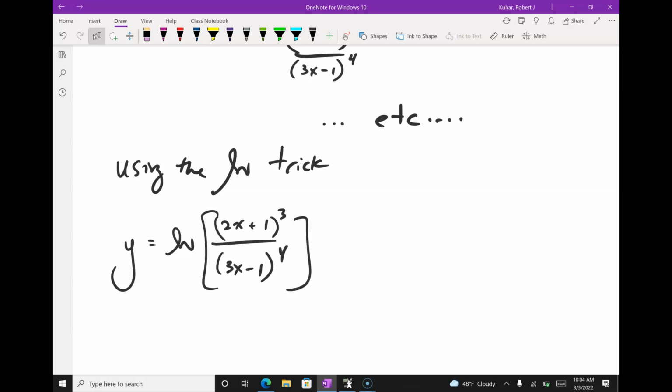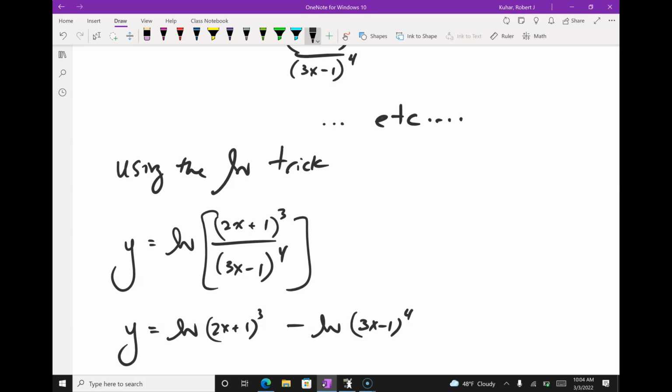And that is the ln of a quotient is the difference of ln's, right? So this becomes ln of (2x plus 1) to the third minus ln of (3x minus 1) to the fourth. You remember doing this in pre-cal?